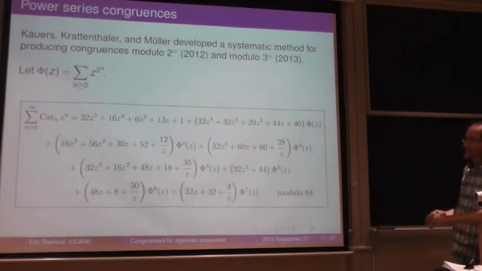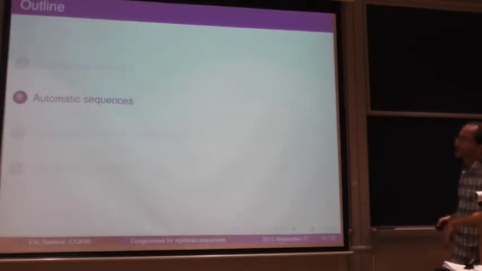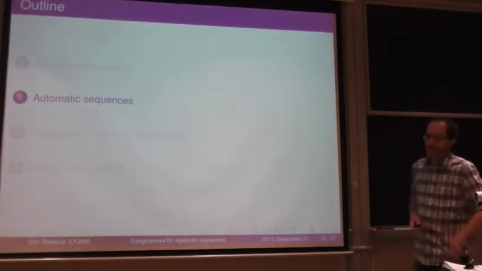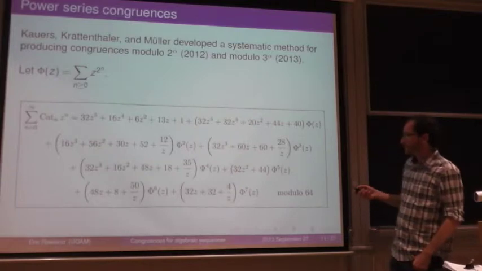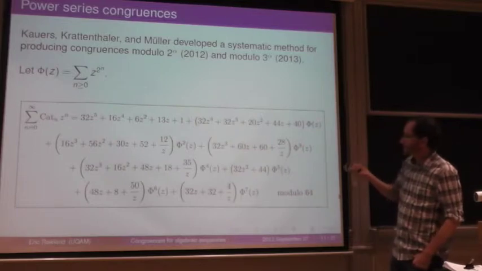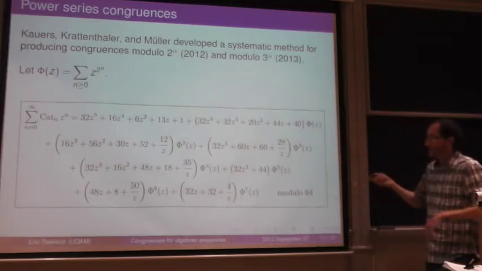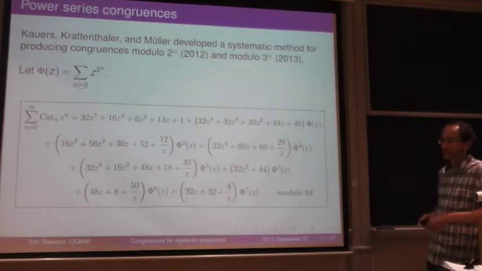I don't know the explanation of that, but it must be something fairly simple. Mod 64, it's possible that when you expand all these powers of phi, those terms cancel out; they're 0 mod 64.